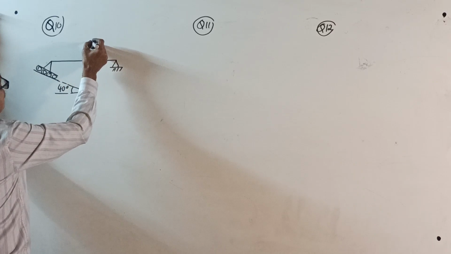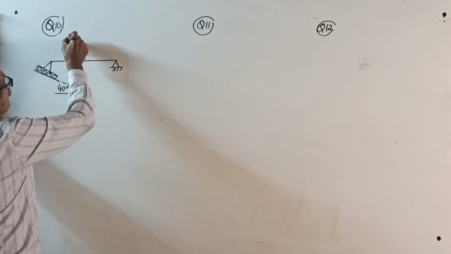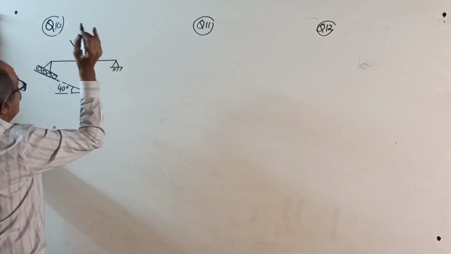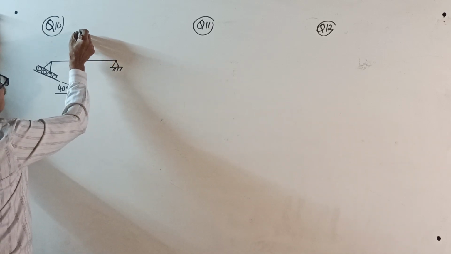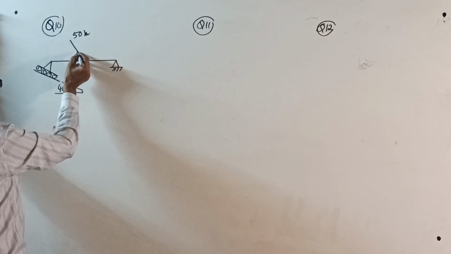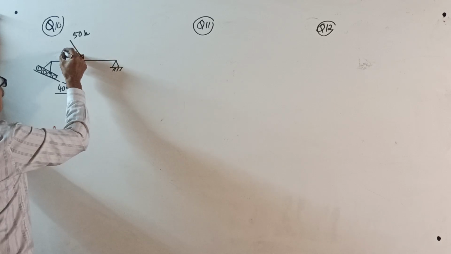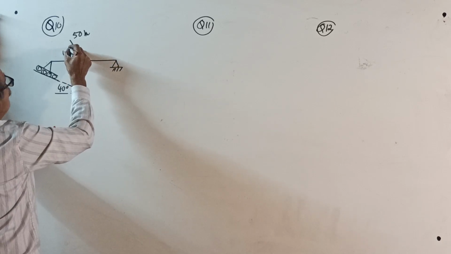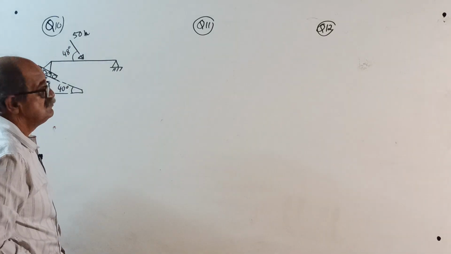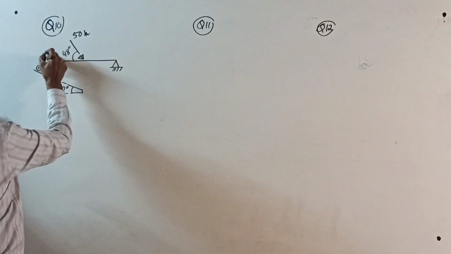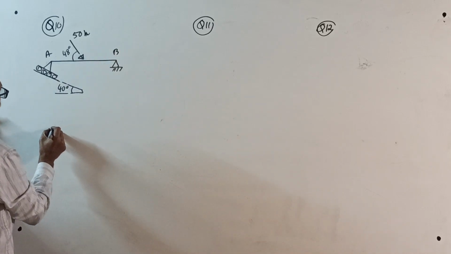But this time there is an inclined load. Inclined load of 50 kilonewton, which makes an angle of 48 degrees with horizontal. Answer A, B, C, D. Sufficient. Too much is not required.